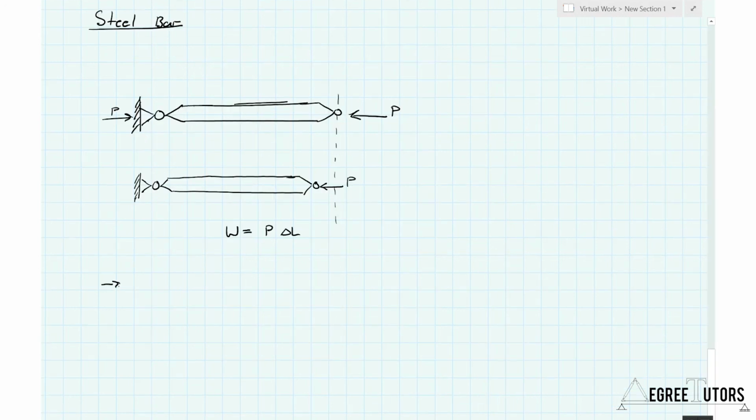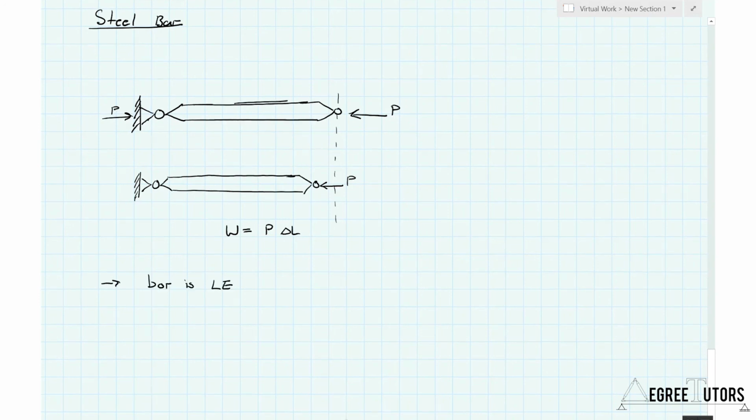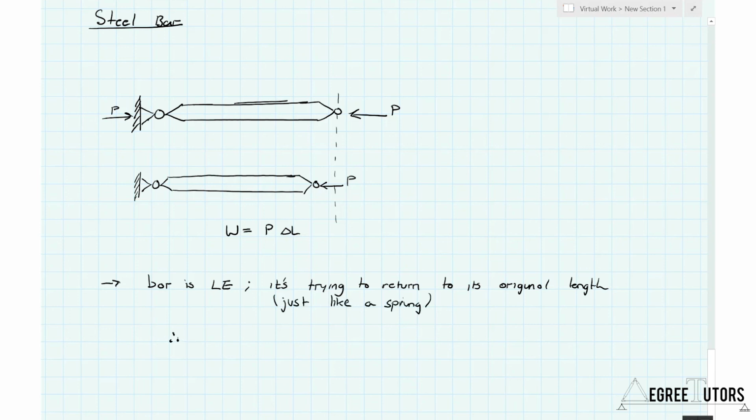To get down a couple of notes on this, we would say the bar is linearly elastic, and that means that it's trying to return to its original length, just like the spring. And in the same way the spring had stored energy, the bar has stored energy, and we call that stored energy strain energy.